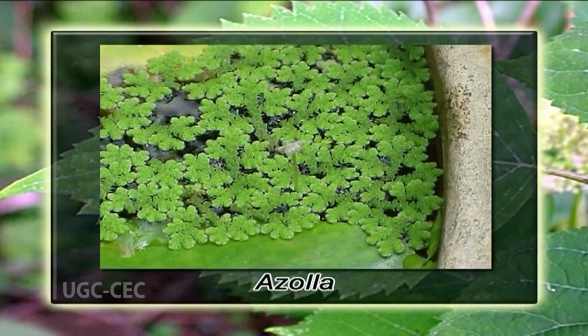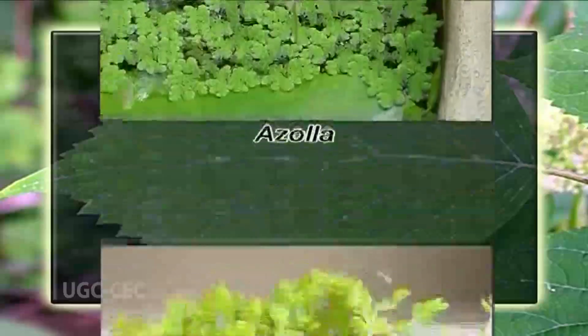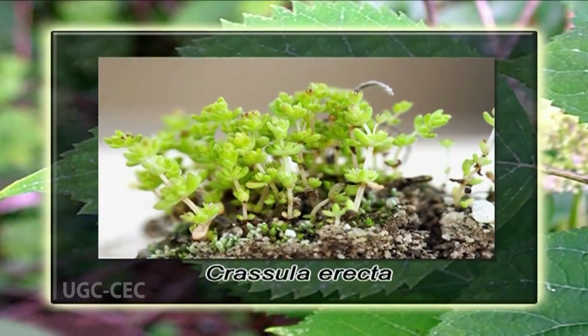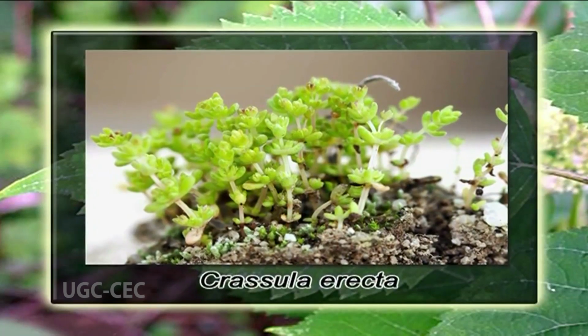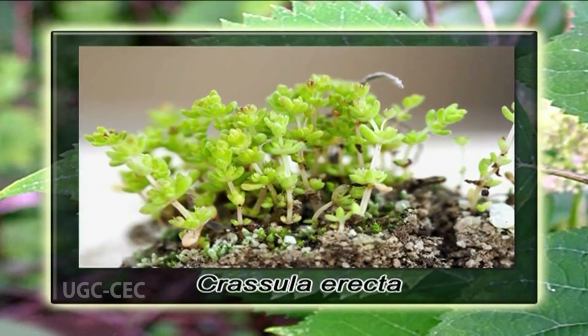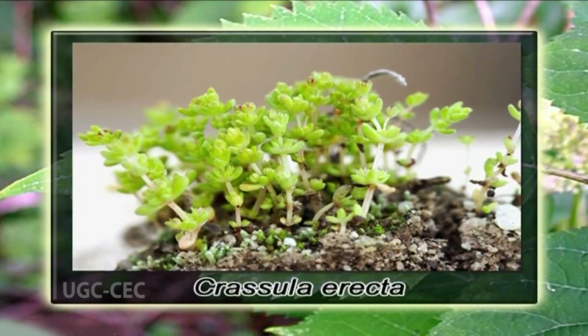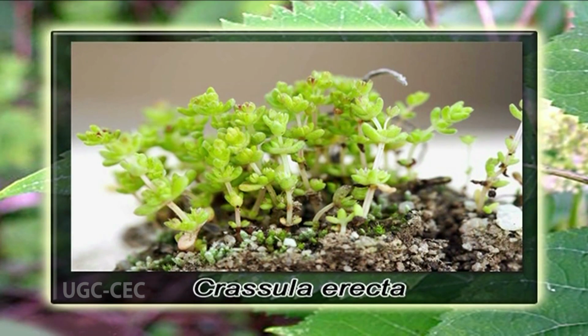Common water fern, that's Azolla filiculoides, has leaves that are only 1 millimeter in length. The minute California wildflower called pygmy weed, that's Crassula erecta, has minute fleshy leaves about 1.3 millimeters long.